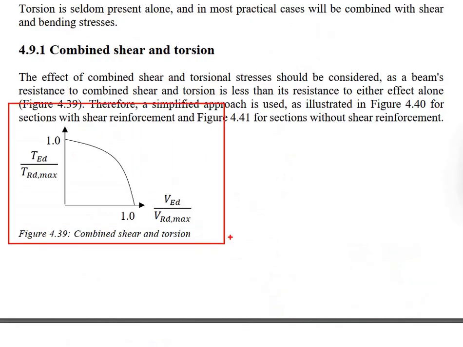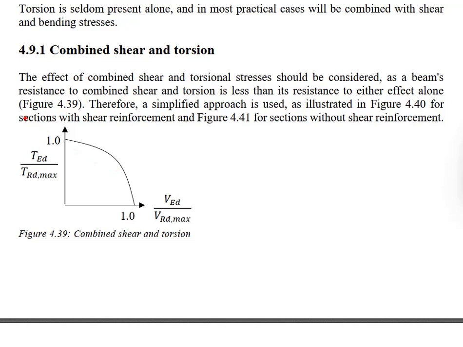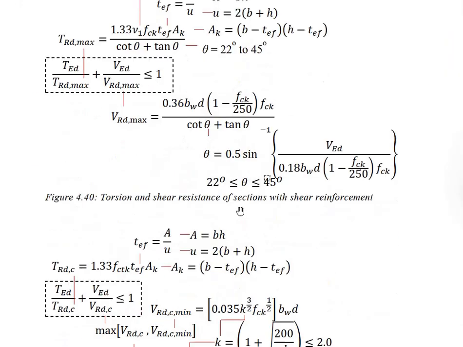Now, you might be curious, although the parabolic curve is shown here, indicating the relationship between the capacity used up in the torsion versus the capacity used up in the shear, if you observe carefully the interactive formulas, the relationship obviously is not parabolic.